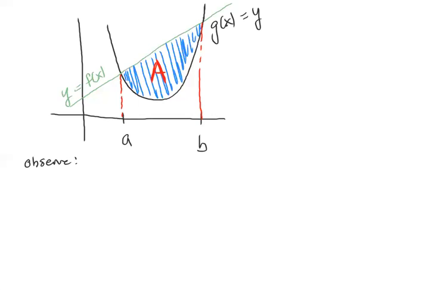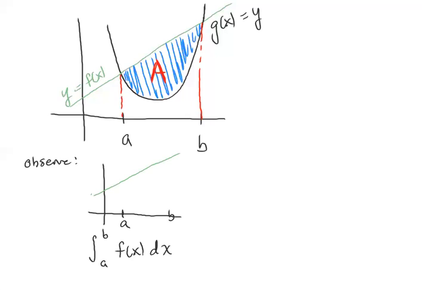If I just wrote the integral from a to b of f of x dx, which is that green line, then the area that we would be finding when we calculated that definite integral would be this area from a to b, the region underneath the graph of the function f of x.